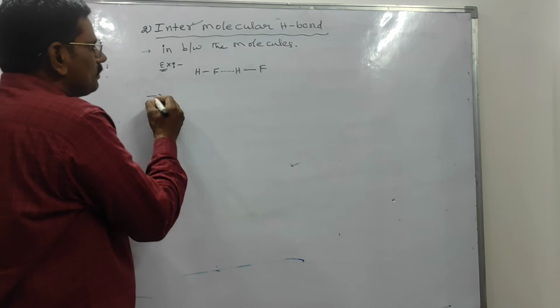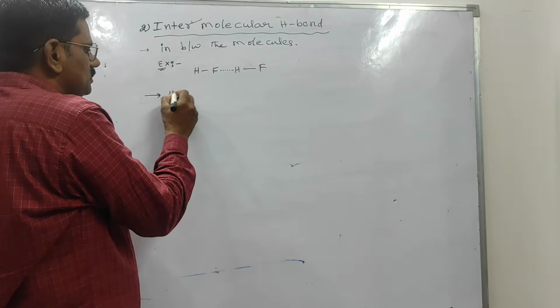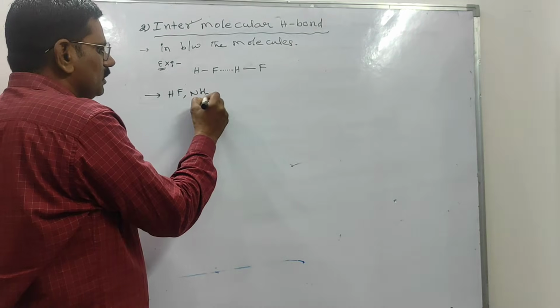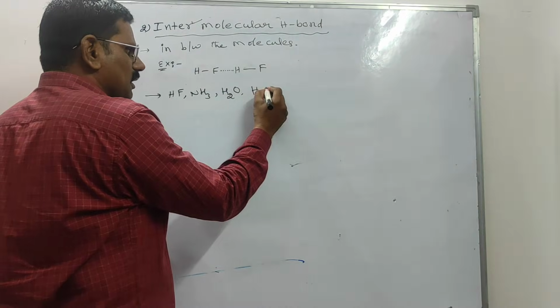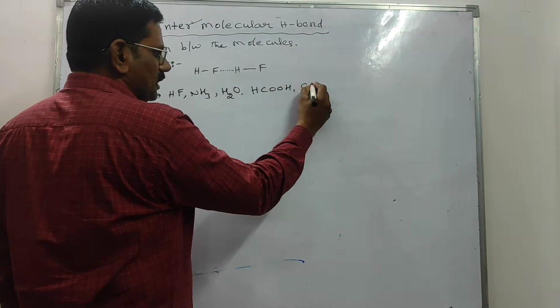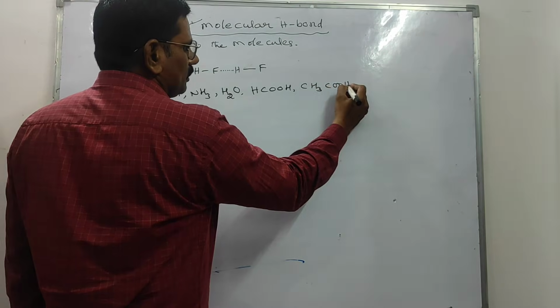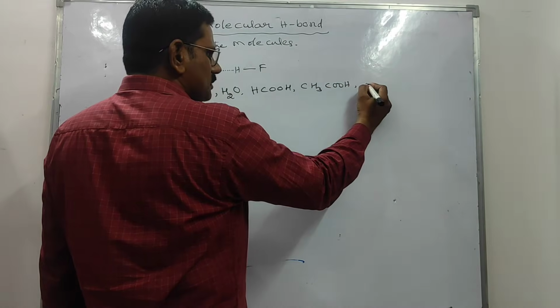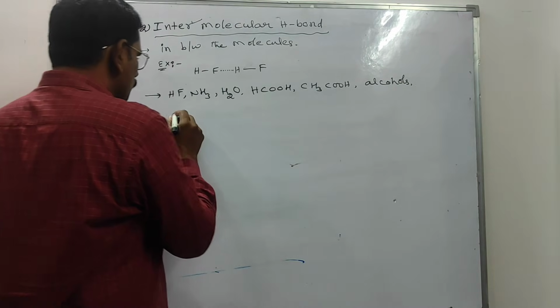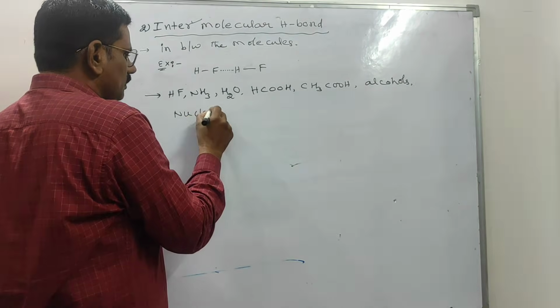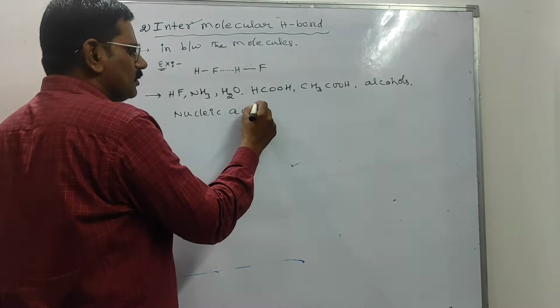Examples which show intermolecular hydrogen bond are HF, ammonia, H2O, formic acid, acetic acid, alcohols, and nucleic acids. What are nucleic acids?